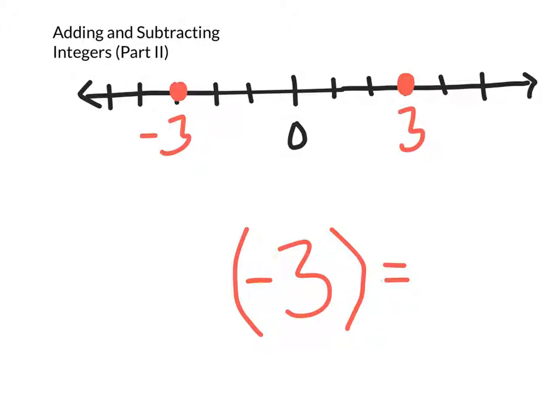Okay, so the last special case I want to discuss is a scenario in which I actually put a plus sign in front of a negative 3. This is related to the previous situation that we dealt with, in which we had a positive and a negative next to each other. Once again, you can just think of this as the opposite of a positive number.